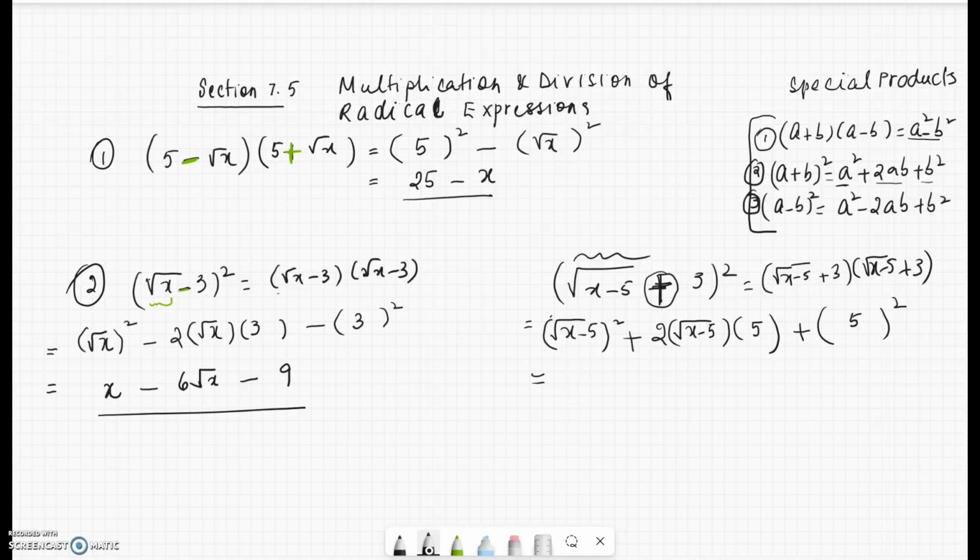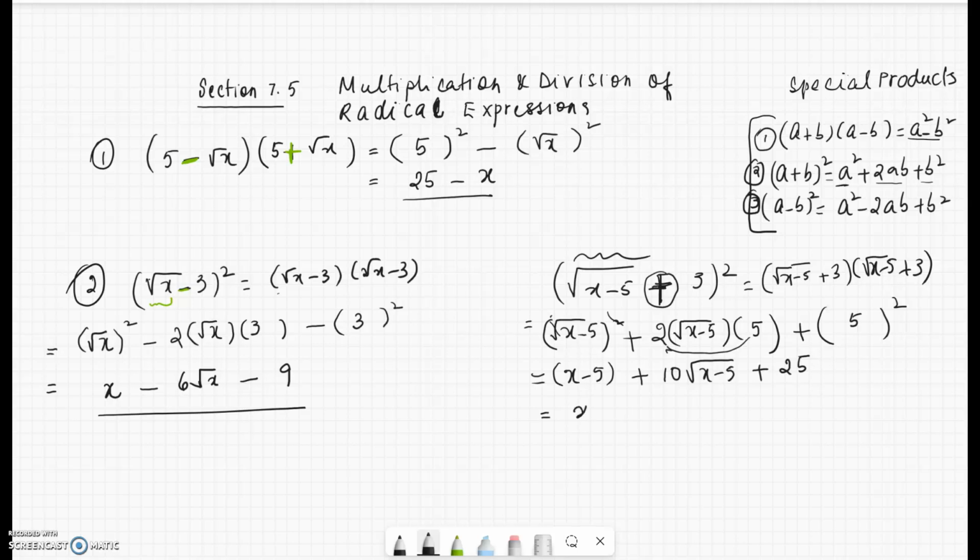So radical x minus 5 the whole squared, the radical and the square cancel each other out, and I have x minus 5 plus 2 radical x minus 5 times 5. The 5 gets multiplied to 2, so that's 10 radical x minus 5, plus the square of the second, which is 25.